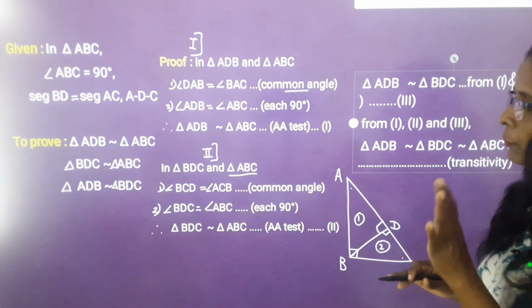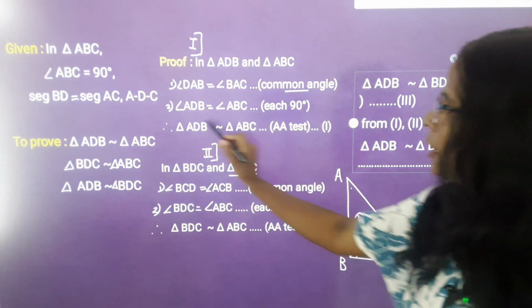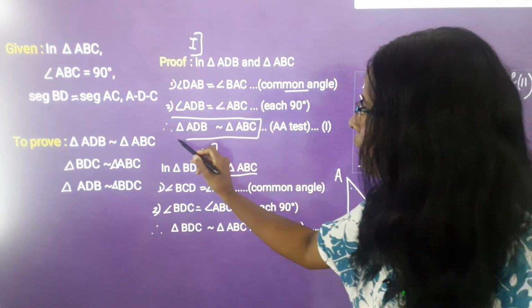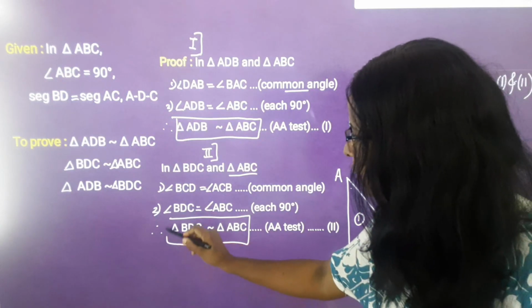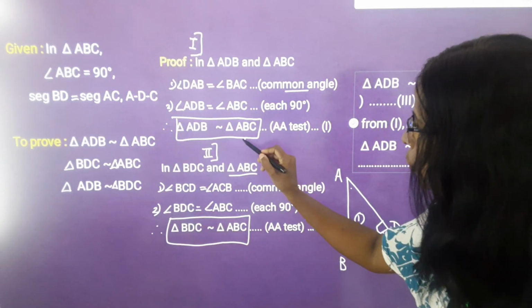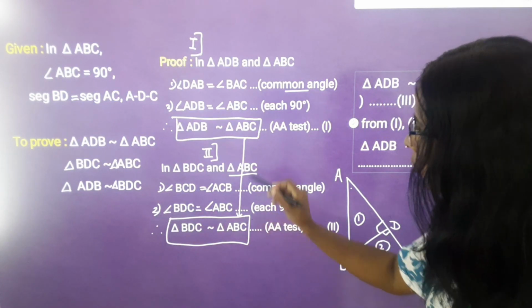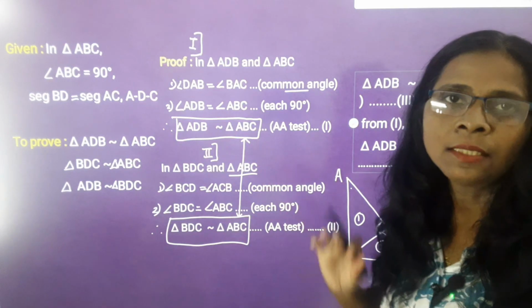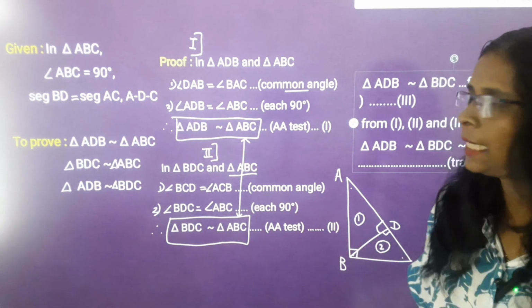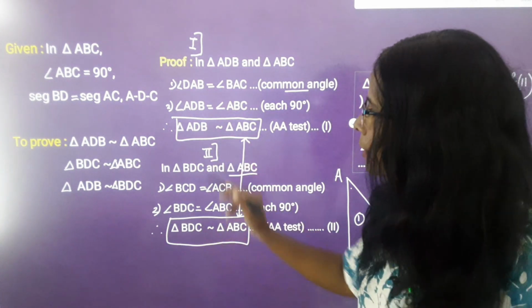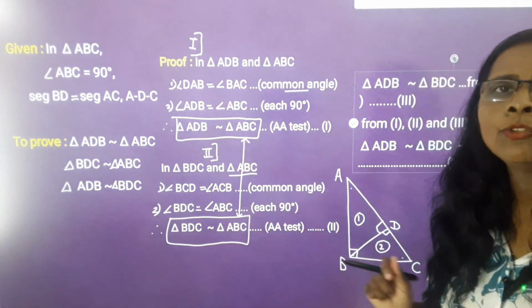Okay, so now see here, this is the first equation, this is the second equation, and in both equations the new triangles are similar to the original triangle. So that's why we can say that these new triangles are similar to each other.